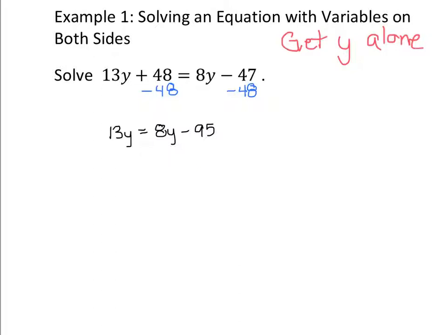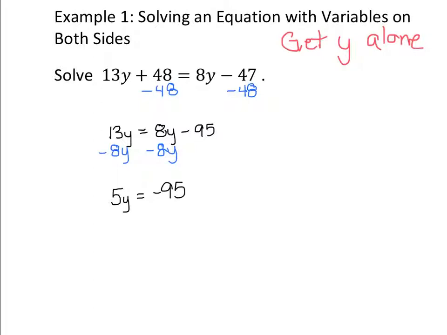Alright, now let's try to get all of our y's in the same place. So what should we do with that 8y? Subtract it again. It was also being added, so we're going to subtract it. We have like terms on our left side. 13 minus 8 gives us 5y equals negative 95.